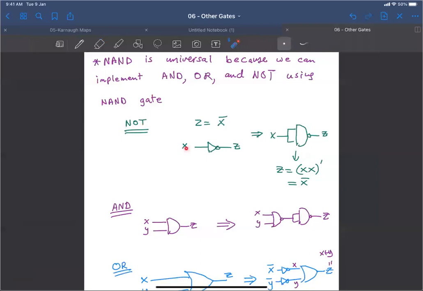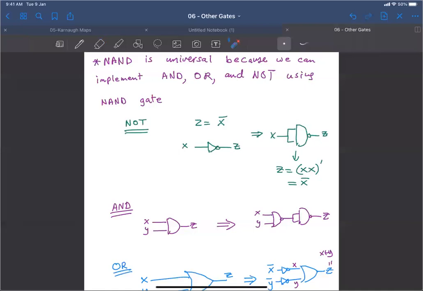If you have an X and its complement is Z, then you can simply duplicate X as the inputs of the NAND gate, and the output will be Z. This output is X complement, because it is X ANDed with X, and the whole thing complemented, and X AND X is nothing but X. So this produces X complement.